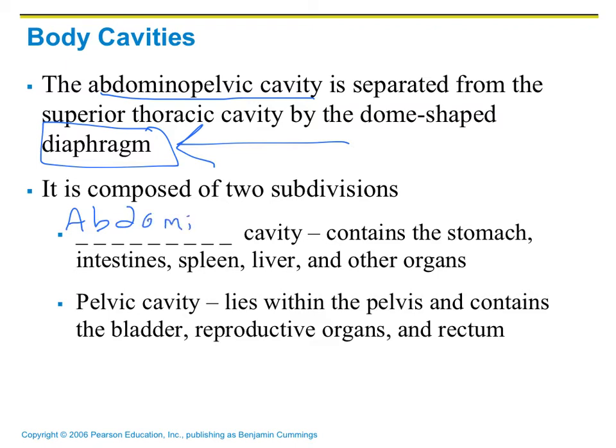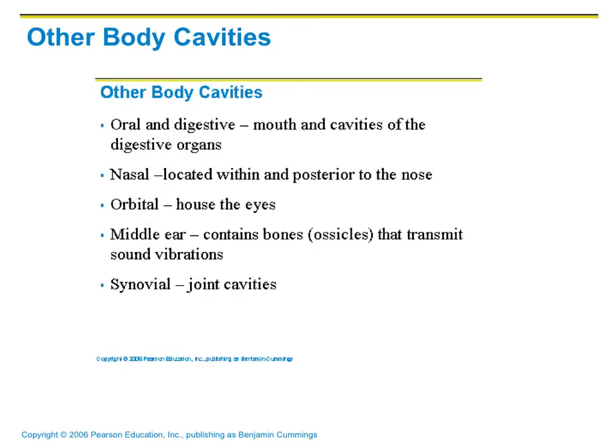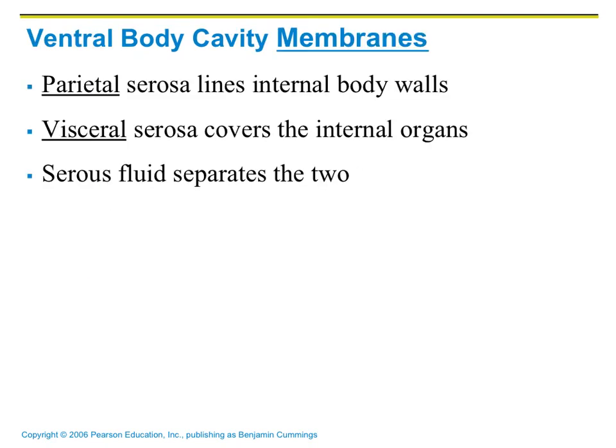And they list here several organs located within each. You have other smaller body cavities scattered throughout the body, oral cavity, nasal cavity. Your ear has a cavity in it, and your joint cavities. These are not particularly important.